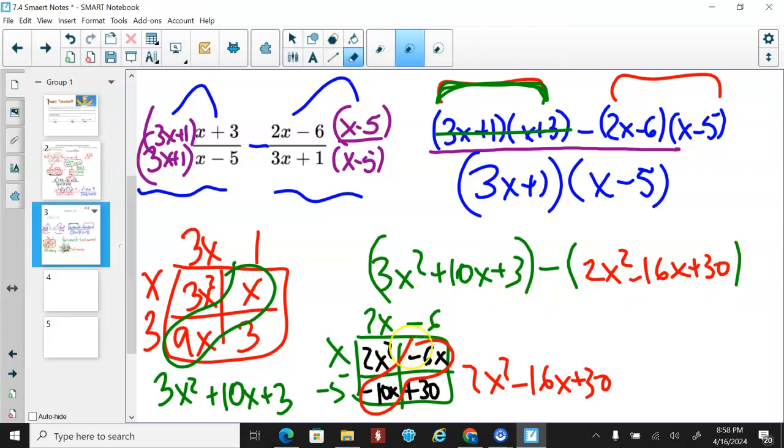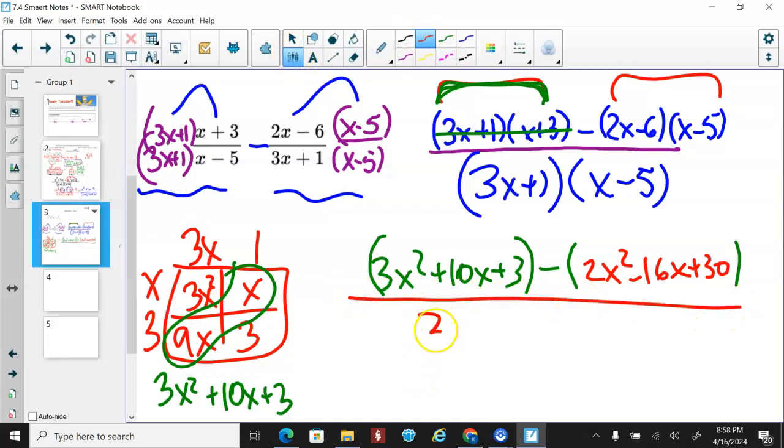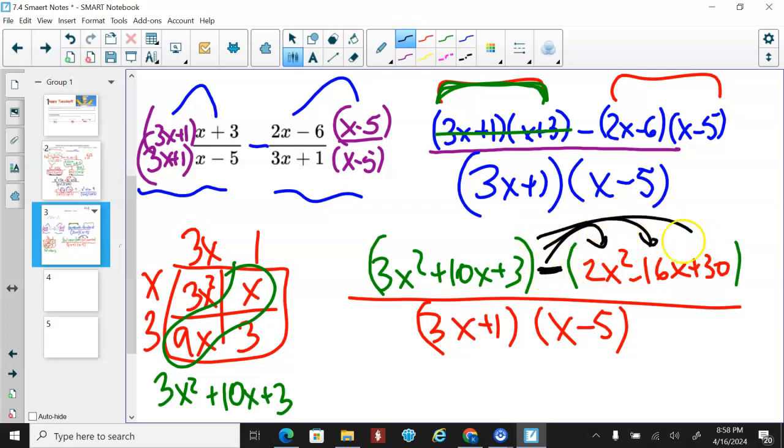So if you need to write that down, pause that because I'm going to erase that. Okay. And the whole thing is over 3x plus 1 and x minus 5. Okay? Now I have to distribute this negative. Negative goes into the 2, the 16, and the 30.